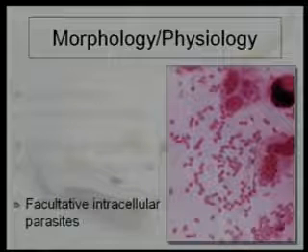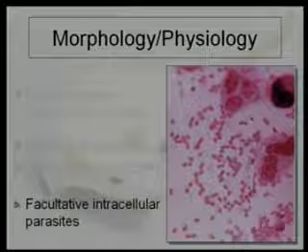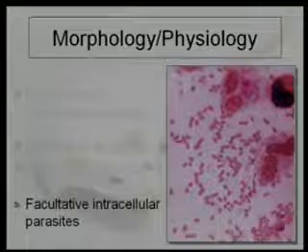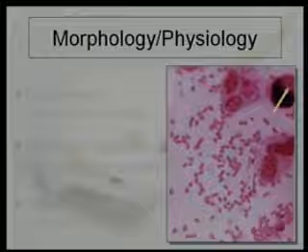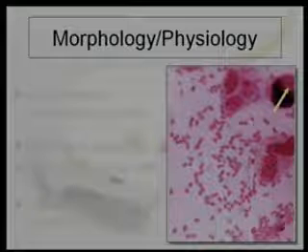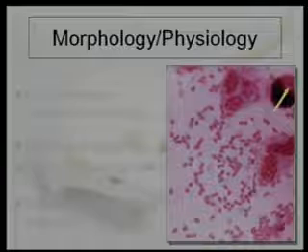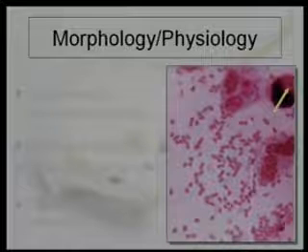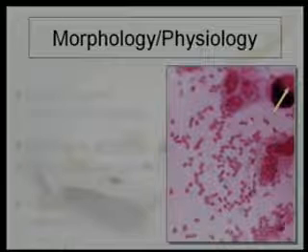I've already said that it's a facultative anaerobe as well as facultative intracellular, because it can survive within the cells. And intracellular meaning that it will stimulate cell-mediated immunity. Here's a sort of faint presence of organism there.